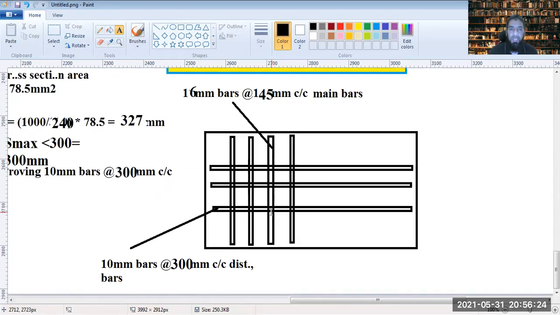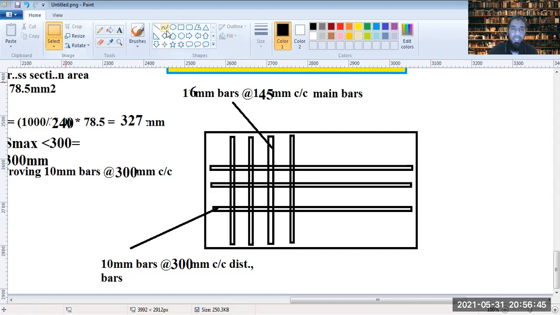Even if you get that in the high deformed, there are still problems with the rib connections and other things. So what we are doing is providing a 16 bar at 145 center to center as the main bar, and 10 bars at 300 center to center as distribution bars.